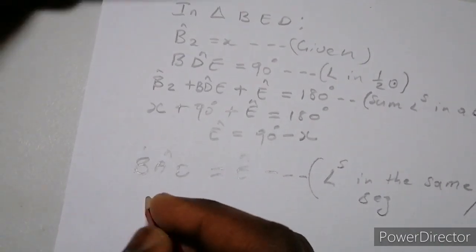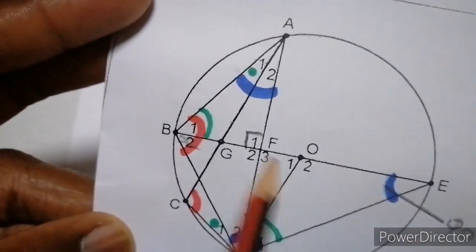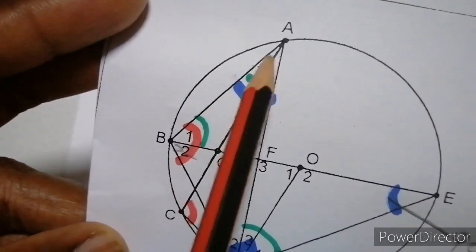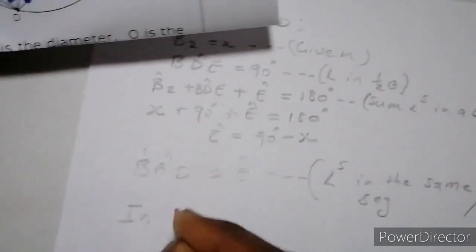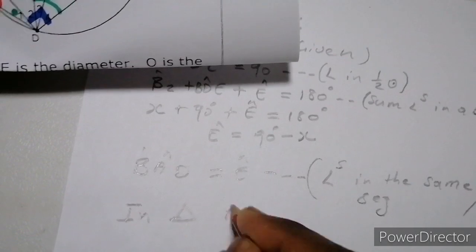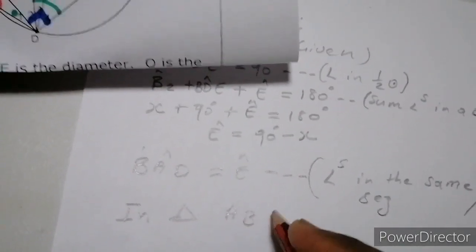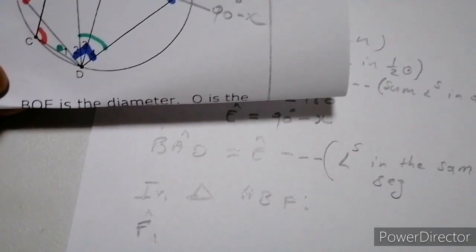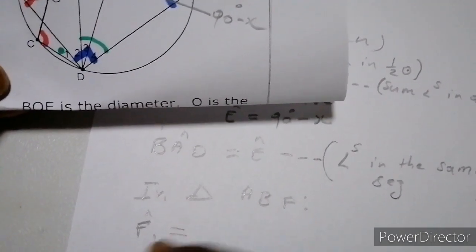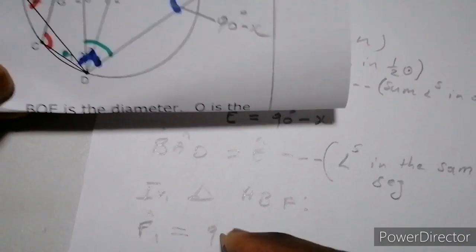Right. And then, in that triangle, let's have a look here. In triangle ABF, angle F1 is equal to 90.